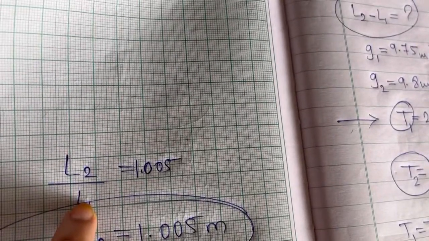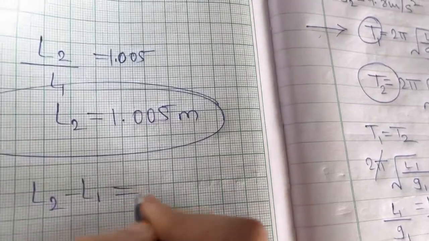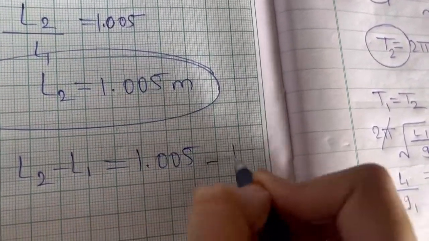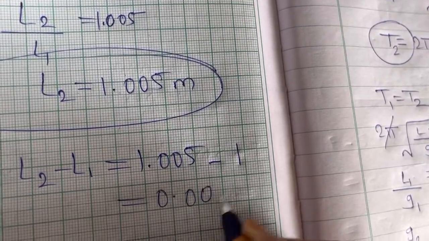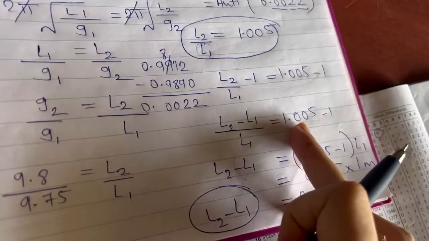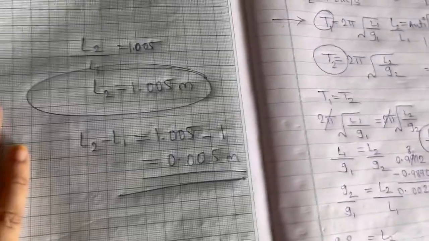After substituting L1 as 1, you have the value of L2. They are asking you to calculate change, so you will have to come to this step, that is L2 minus L1. L2 is 1.005 minus L1 is 1. That will give you 0.005 meter. You will come to the same conclusion either by this method or by this method. Of course, this is much easier. Both the methods are right.